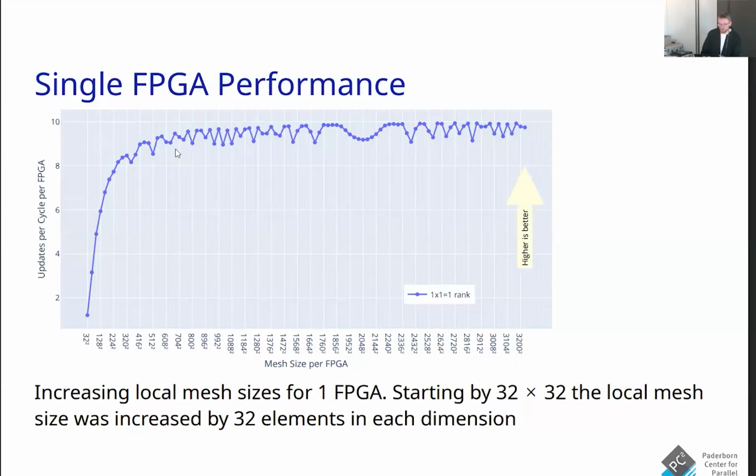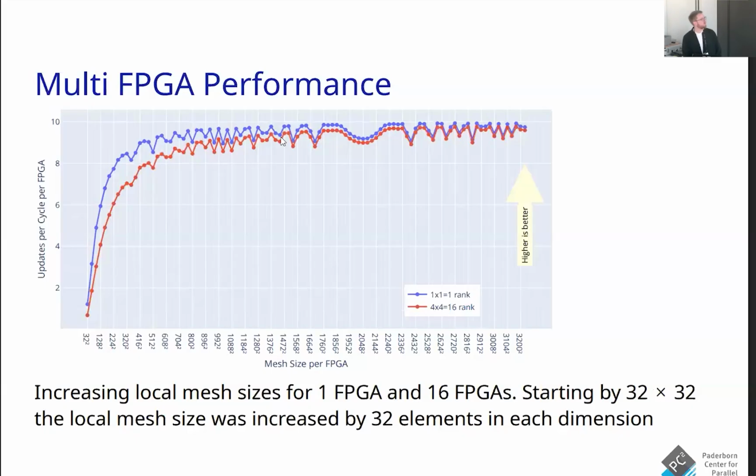One, this is not a totally perfect design, so we have a few unaligned loads in there, and then we at some point also hit the wall of the memory controller, which runs only at around 300 megahertz, which is a bit slower than our design and only provides around 70 gigabytes per second. In the beginning, we see here the overhead of a constant pipeline latency, but then it flattens out at around 10 updates per cycle on every FPGA.